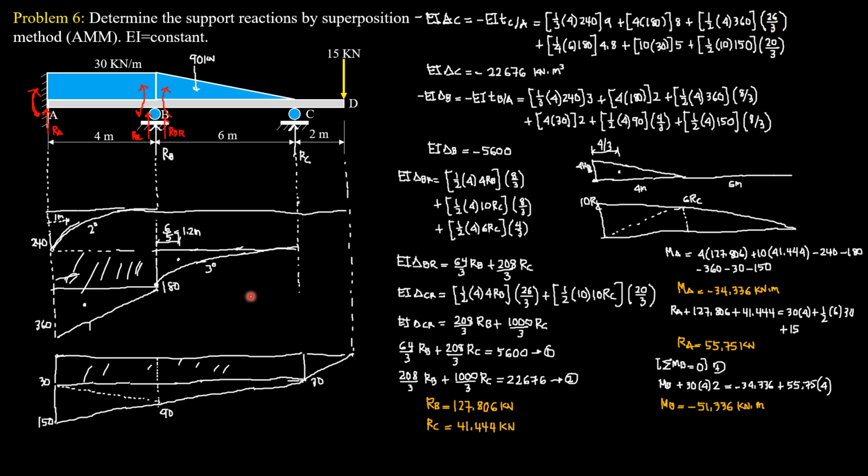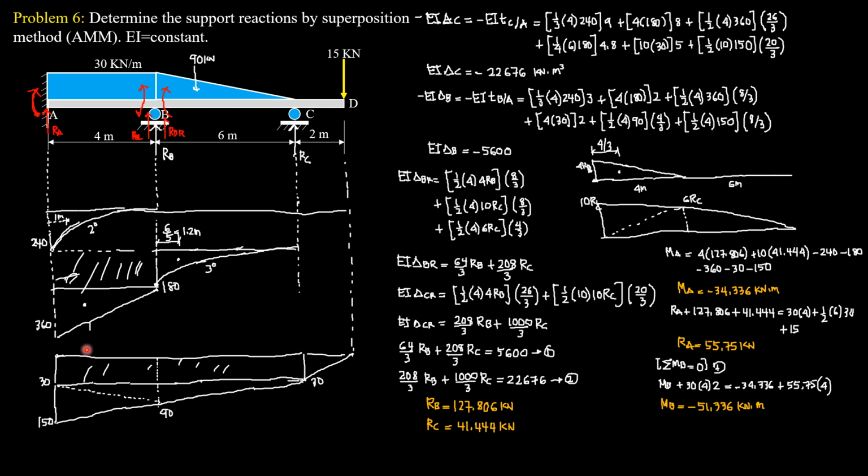Then this area here, 1/4 of 6 times 180. This distance is 6 meters over 5, n plus 2, so 3 plus 2 is 5. That's why the denominator is 5. That's 1.2. So the distance of the centroid from C is 6 minus 1.2, so 4.8. That's why it's 4.8 there.